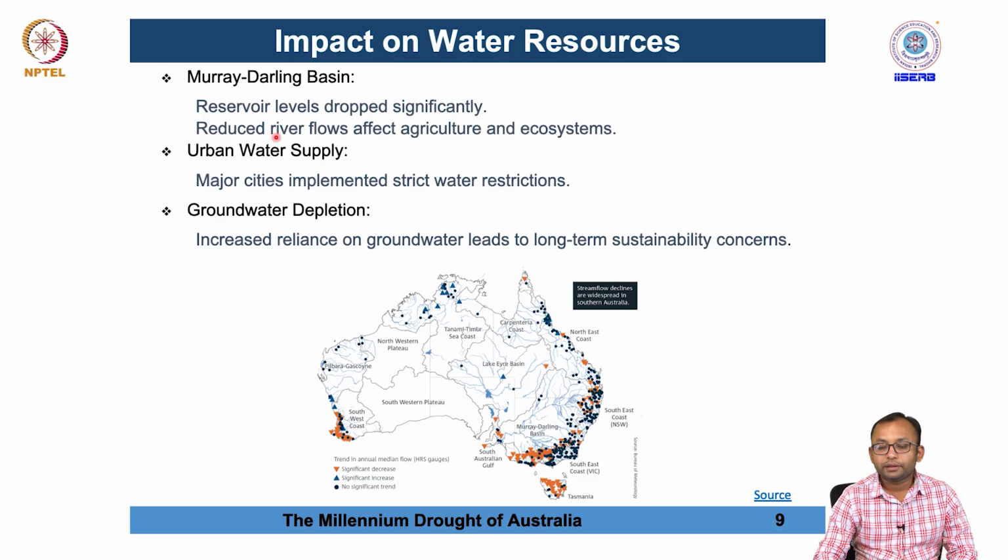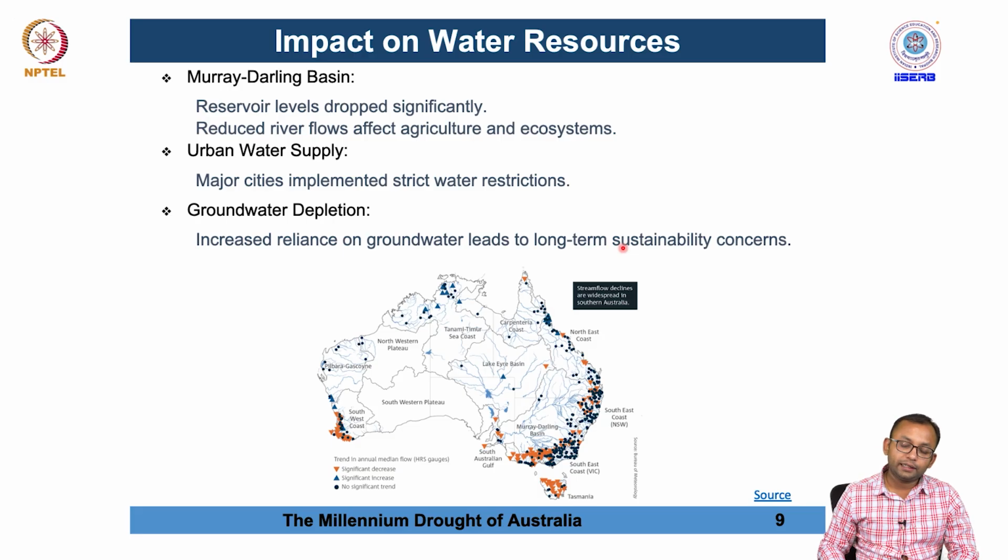That reduced river flows, which affected agricultural and ecosystem services. Major cities implemented strict water restrictions because of the low availability of water, and groundwater depletion became very serious there, because increased reliance on groundwater led to long term sustainability concerns in that particular time period.